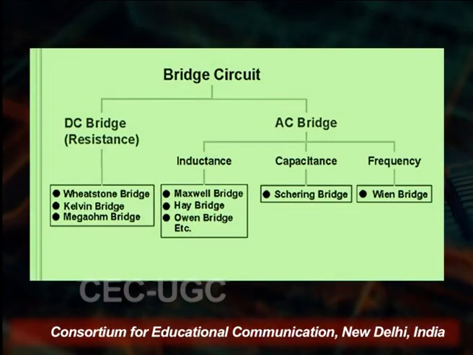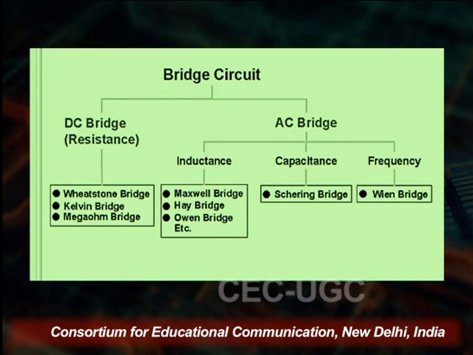So the DC bridge gives the resistance, the AC bridge gives the impedance. The DC bridge uses the DC voltage as the excitation voltage, while the AC bridge uses the alternating voltage as the excitation voltage. You see on the screen the types of AC bridge and DC bridge.